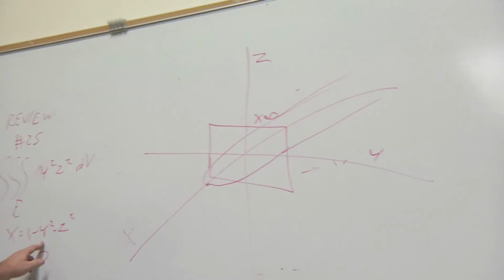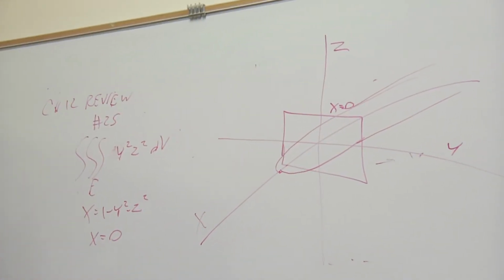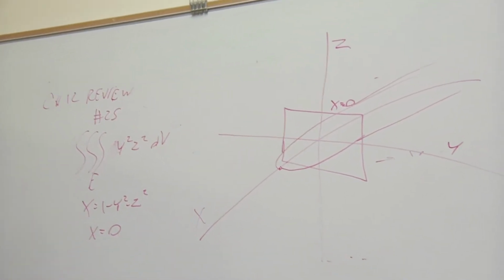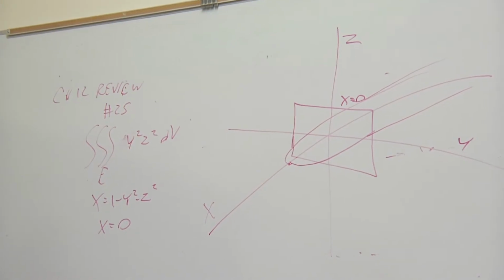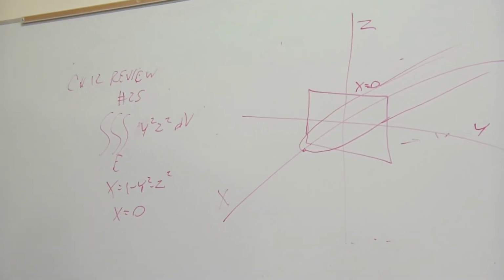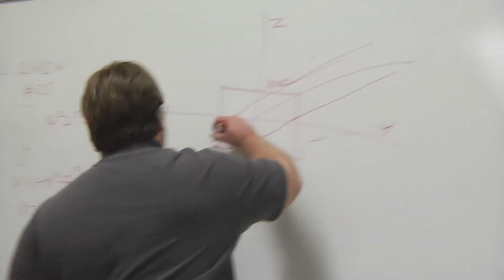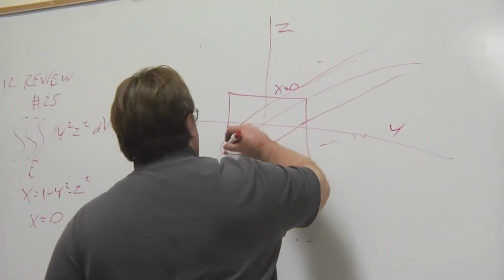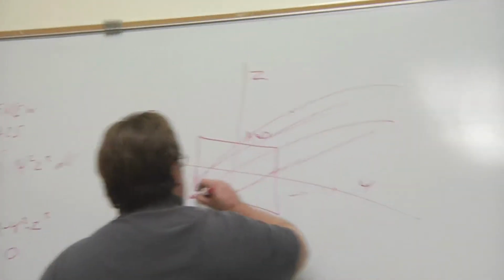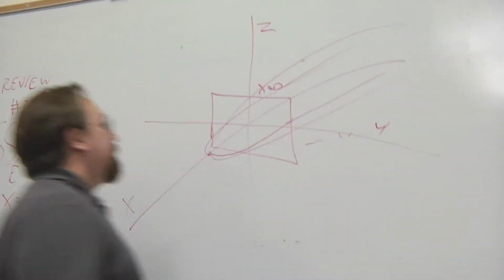Whereas if we set y equal to 0, then x is equal to 1 minus z squared. So we get something like this. All right.